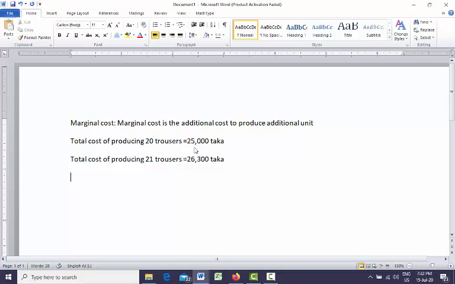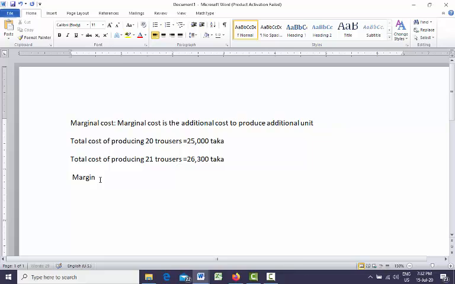So you can see, the total cost of producing 20 trousers is 25,000 taka, but if you want to produce one more trouser, then it will cost you additional 1,300 taka. That means this is the marginal cost.